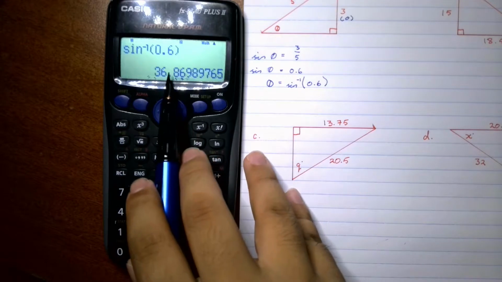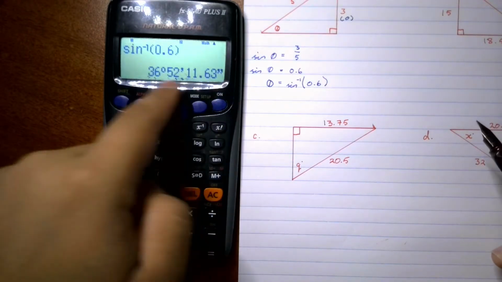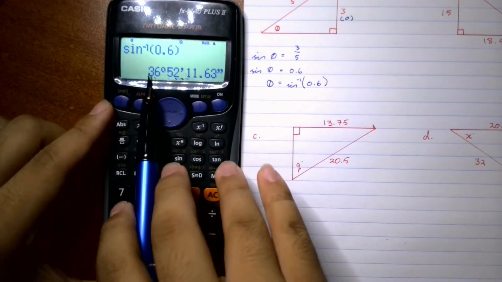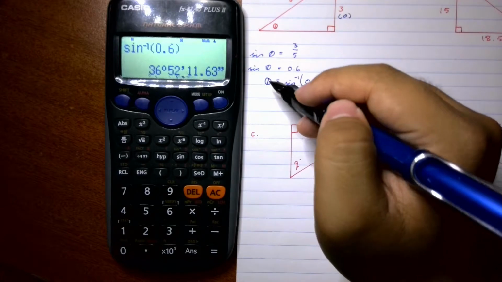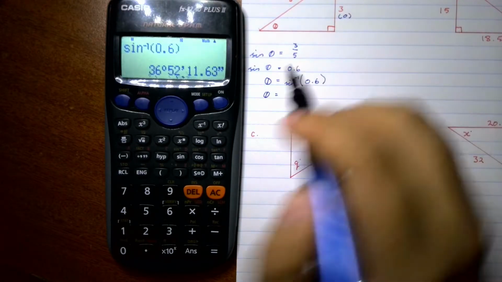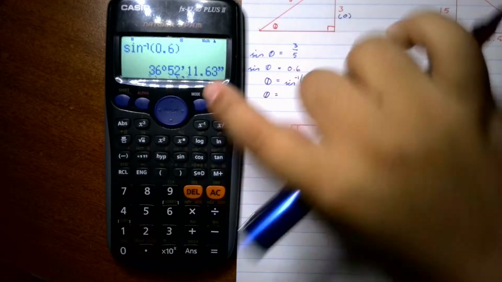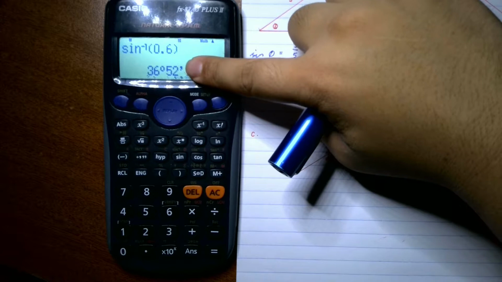Although it gives us a decimal, we want the values as degrees, minutes, and seconds. I'm going to round this first to the nearest minute. Blocking off here, those are the values I would like to write.